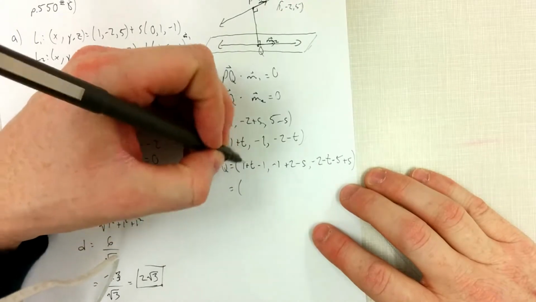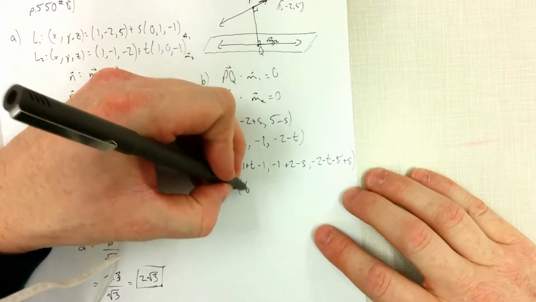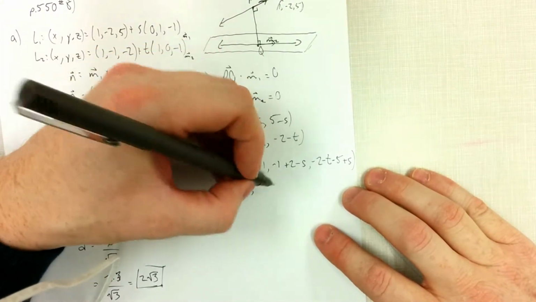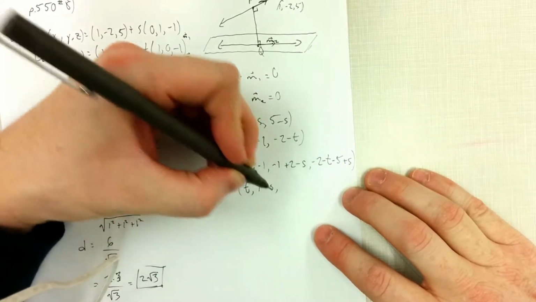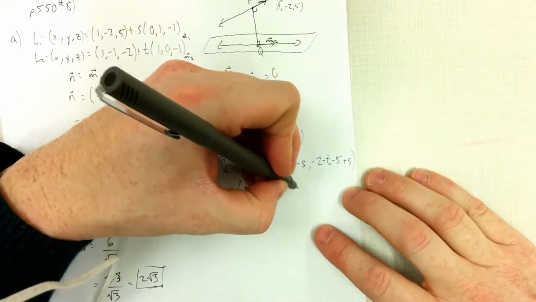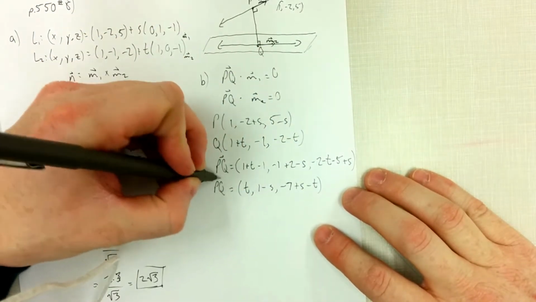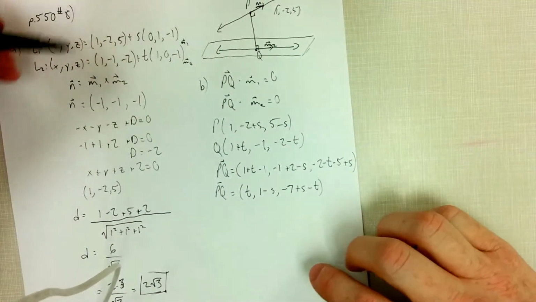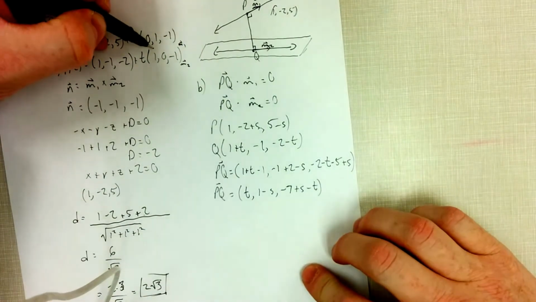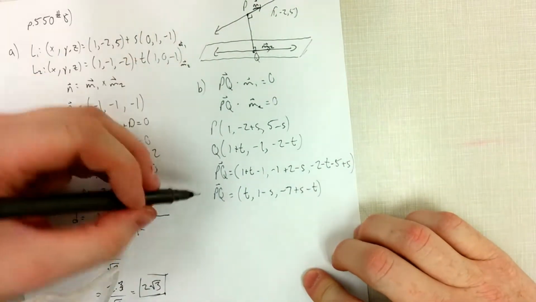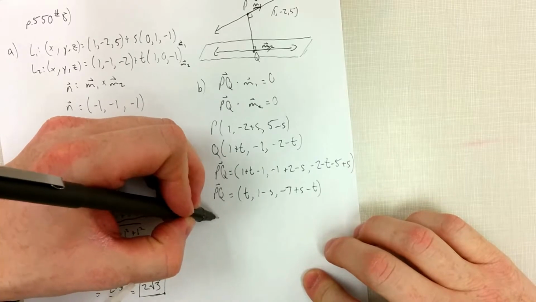Or t, 1 minus s, minus 7 plus s minus t. That'll be my PQ. So M1 is given here, and M2 is given there.